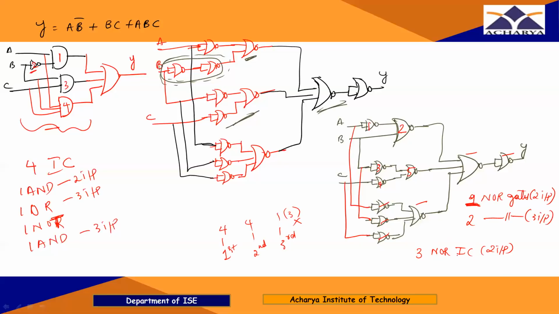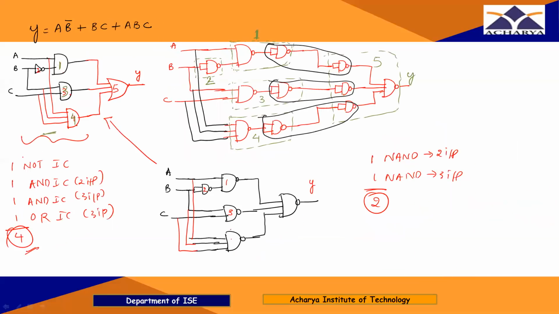So 3 NOR gate ICs which is of 2 input and 2 gates are required of 3 inputs. So one more IC of NOR, but it is 3 inputs. So here to realize this I need how many ICs? For NOR gate also it is 4, for basic gate also it is 4.